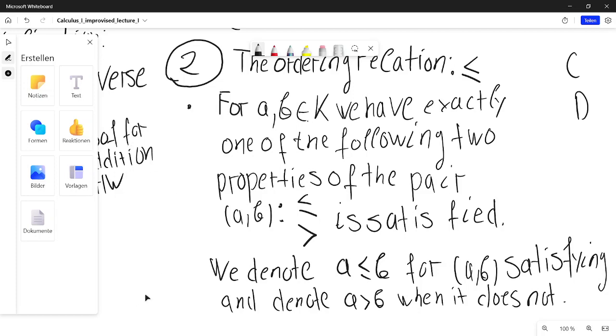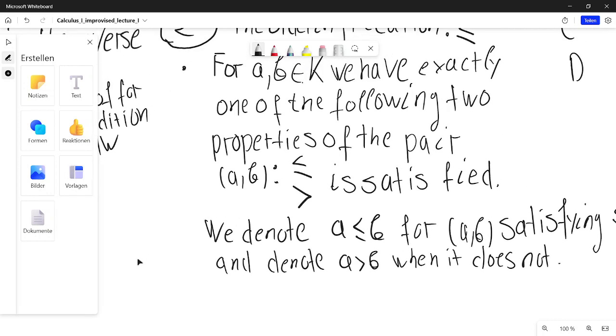Now what we also would like to have is an additional definition.